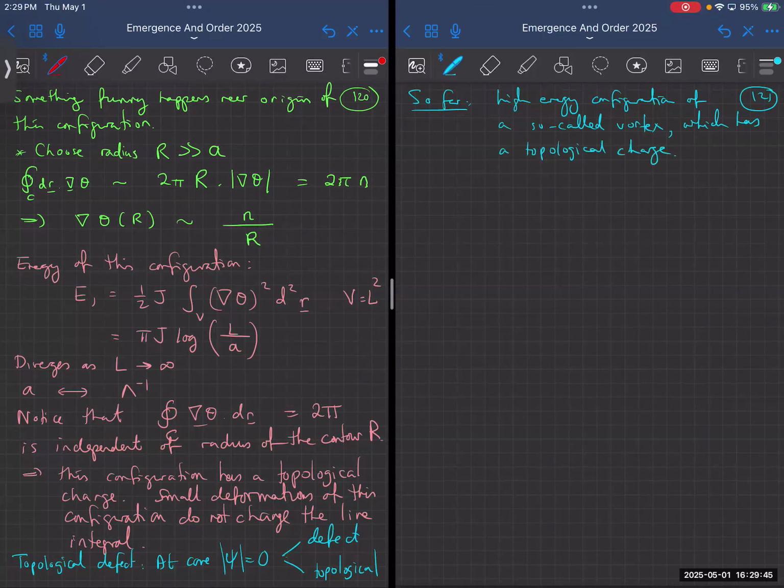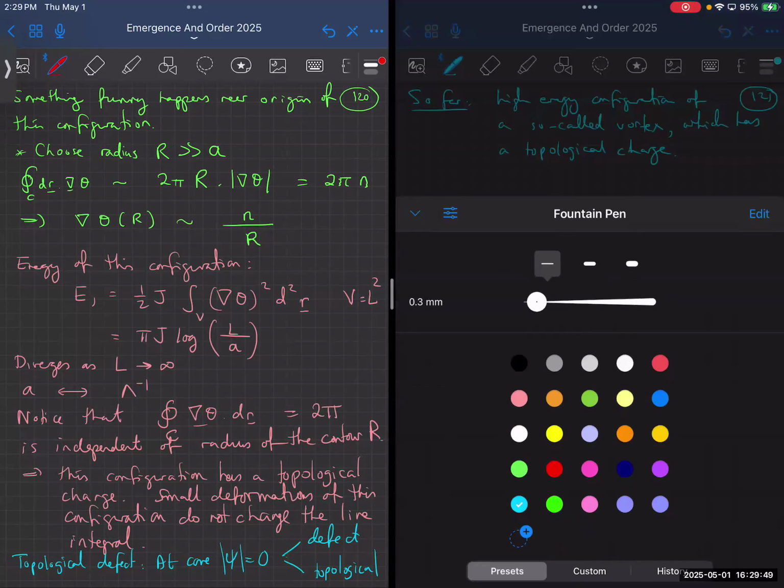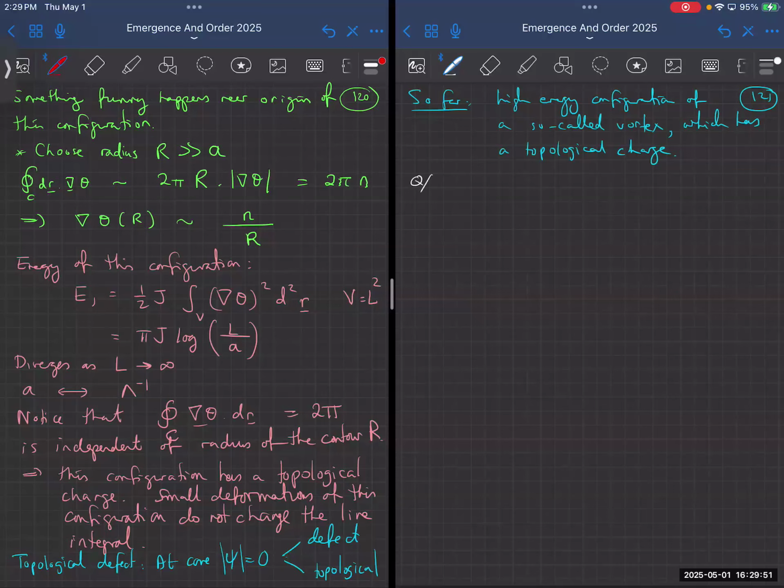Okay, so what happens? The question now is, what happens when we have two of them? So let's have a look at what happens when we have two of them.